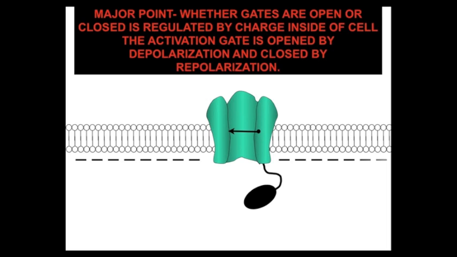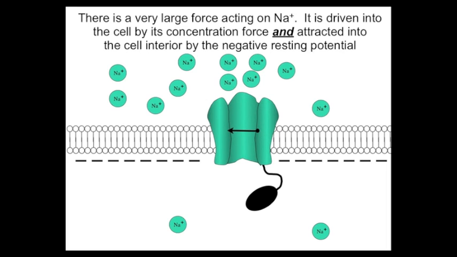The major point: whether the gates are open or closed is regulated by charge inside the cell. The activation gate is opened by depolarization and closed by repolarization. There is a very large driving force acting on sodium. It is driven into the cell by its concentration force and attracted into the cell interior by the negative resting potential.